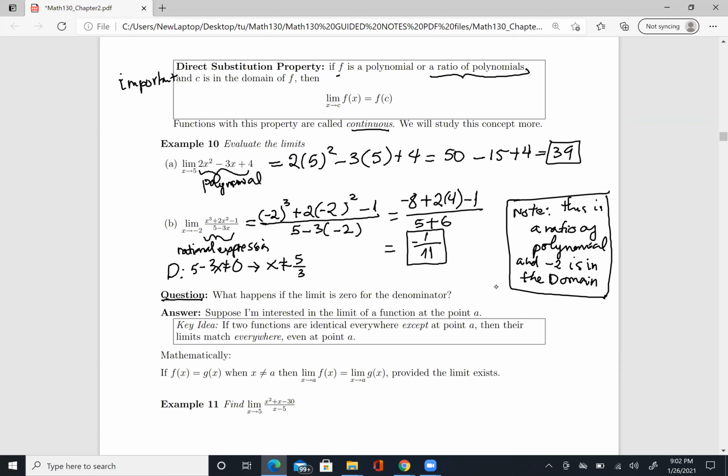Suppose I'm interested in the limit of a function at the point A. The key idea is, if two functions are identical everywhere except at point A, then their limits match, even at point A. Mathematically, if f(x) equals g(x) when x is not equal to A, then the limit of f(x) as x goes to A is equal to the limit of g(x) as x goes to A, provided the limit exists.